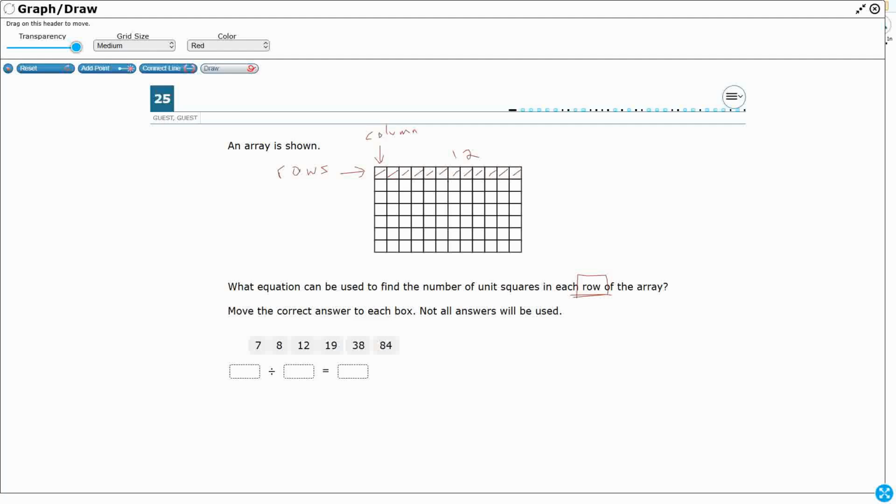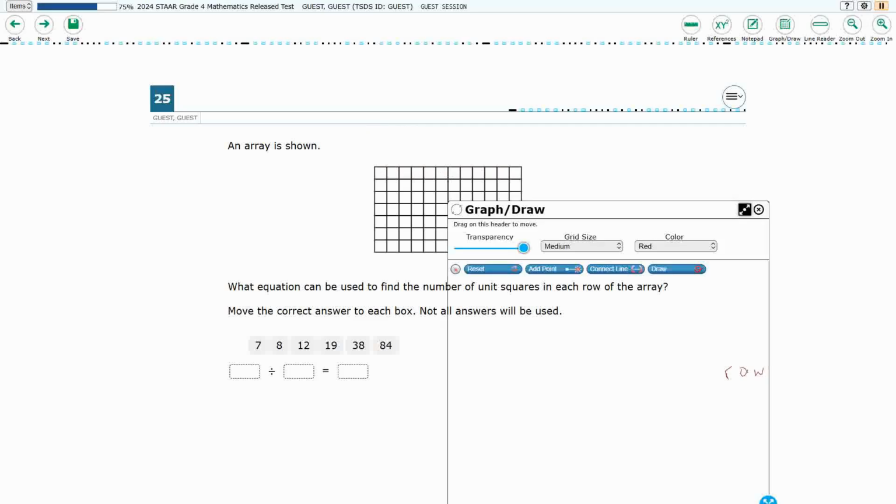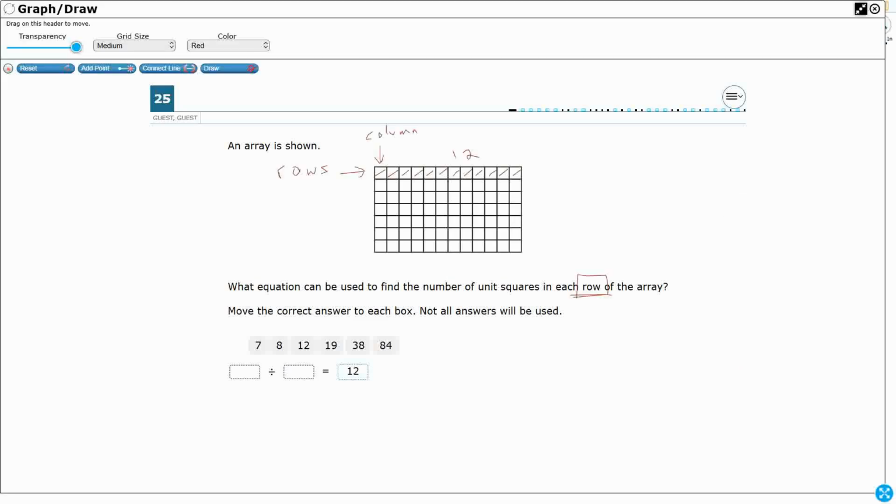Before I even figure out the rest of it, I can say there are 12 in each row because that's going to answer the question, how much are in each row? I could also be thinking about how much do I need to have all together? What's my first number going to be, my dividend, and I need to figure out how many rows there are.